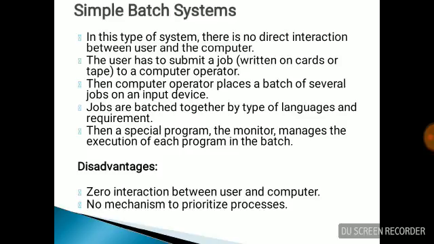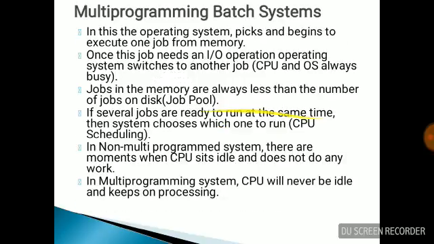So the disadvantage of the simple batch system is zero interaction between user and computer, and no mechanism to prioritize the process. Next, in multi-programming batch systems, we are providing an operating system. The operating system's responsibility in multi-programming is how to execute more than one program at a time on a processor.